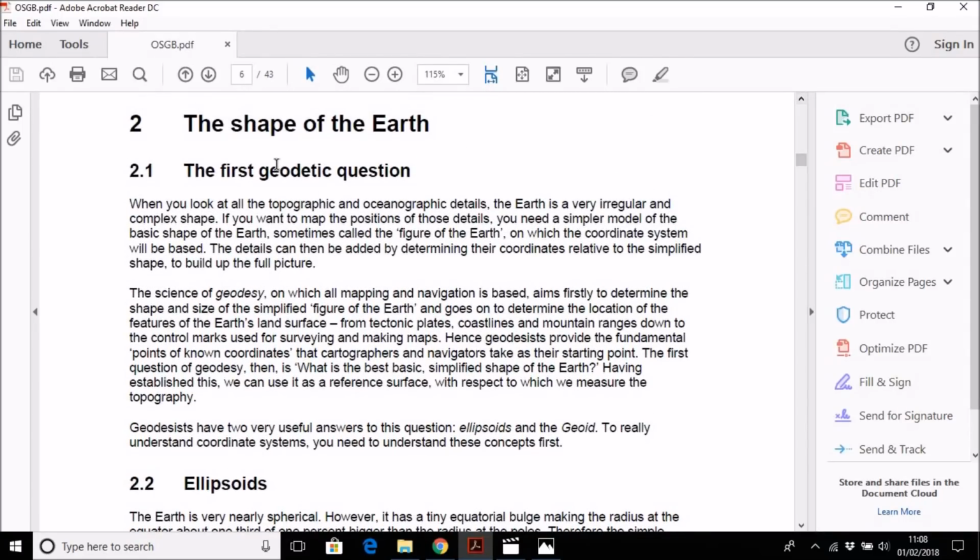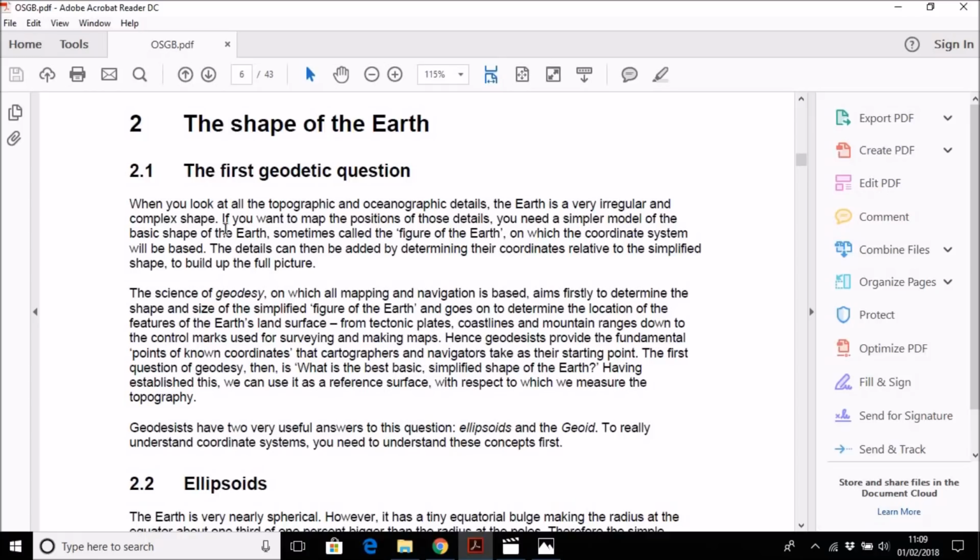Let's go to this section 2, the shape of the Earth, and just read the very first sentence. When you look at all the topographic and oceanographic details, the Earth is a very irregular and complex shape. Now, immediately, I'm thinking of something that is incredibly lumpy and bumpy and not something like a sort of random rock shape or potato shape or something like that.